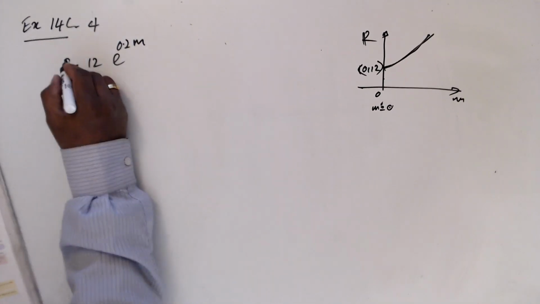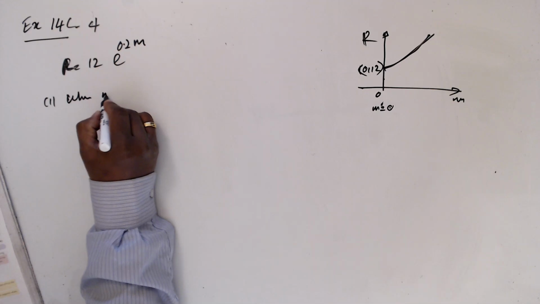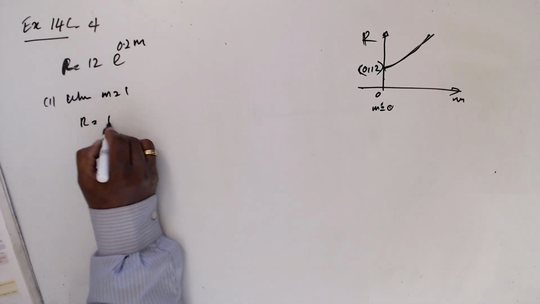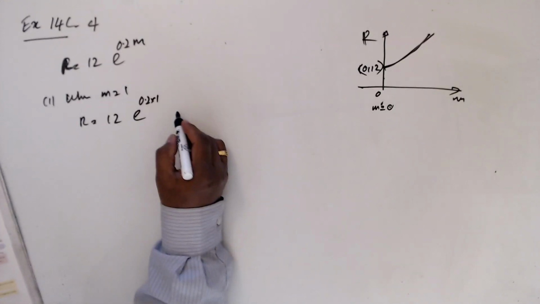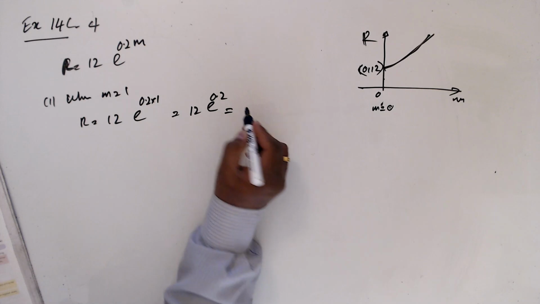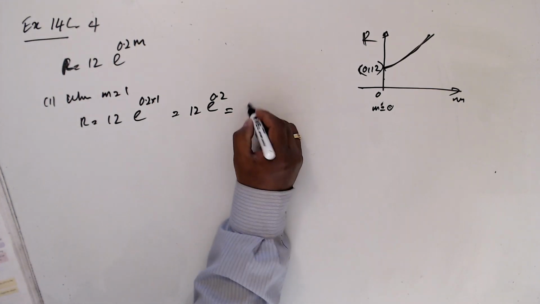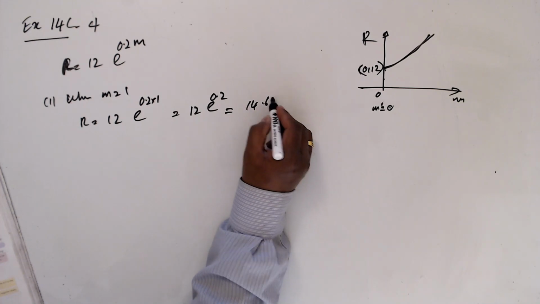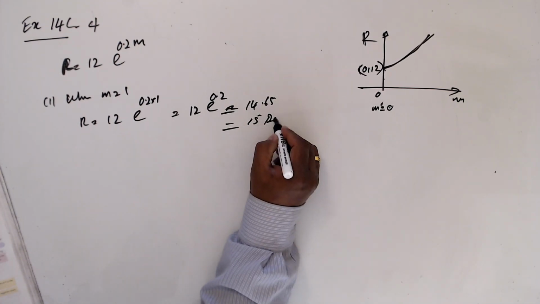So after 1 month, when M equals 1, R equals 12 times e^(0.2 times 1), so 12e^0.2, that is 14.65 approximately. It means 15 rabbits.